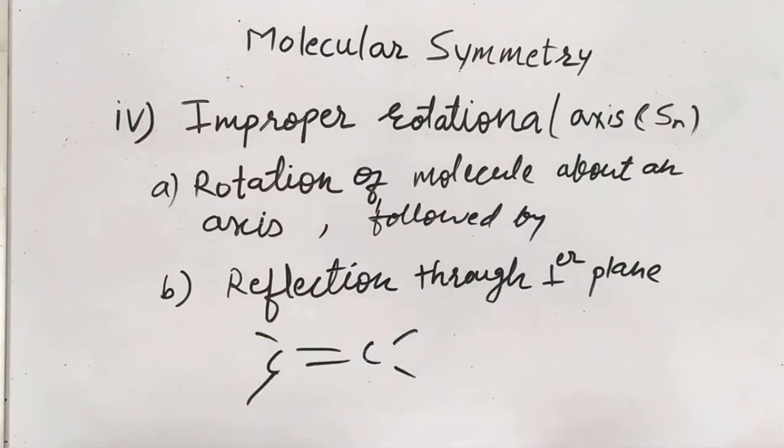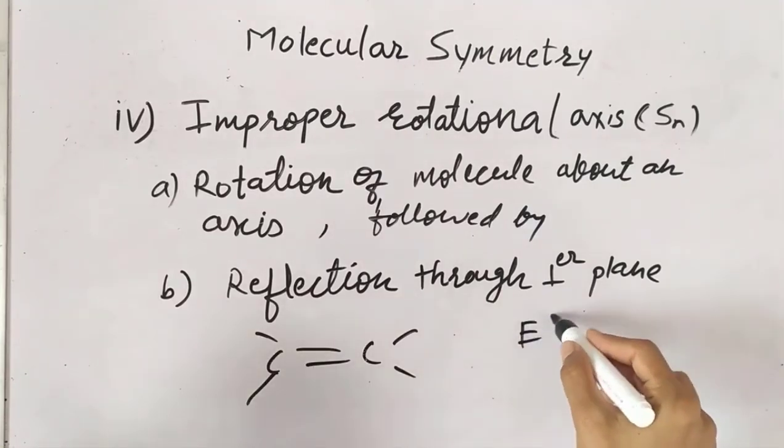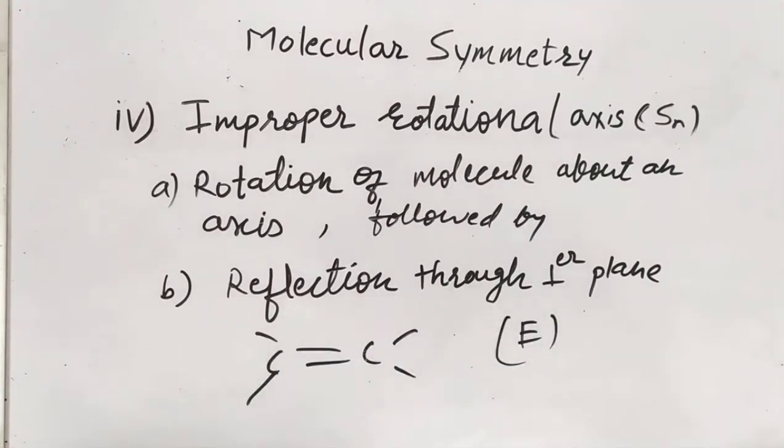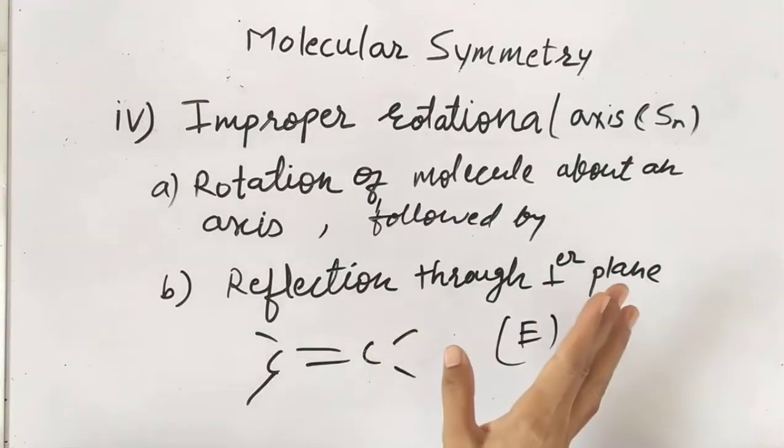At the next module, we will move toward our last symmetry element, that is E, identity, which is the simplest of all the symmetry elements. And after that, we will start finding out the point group of a molecule. Point group means we have seen many examples till now, and one example contains so many symmetry elements.